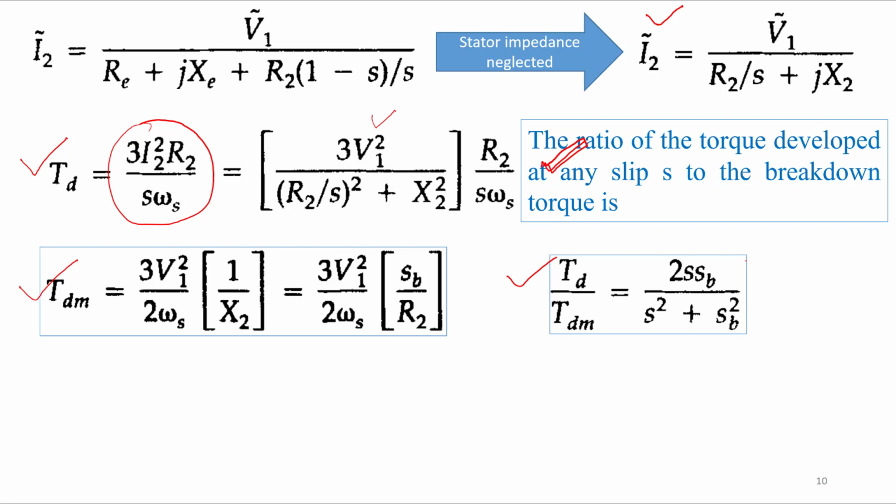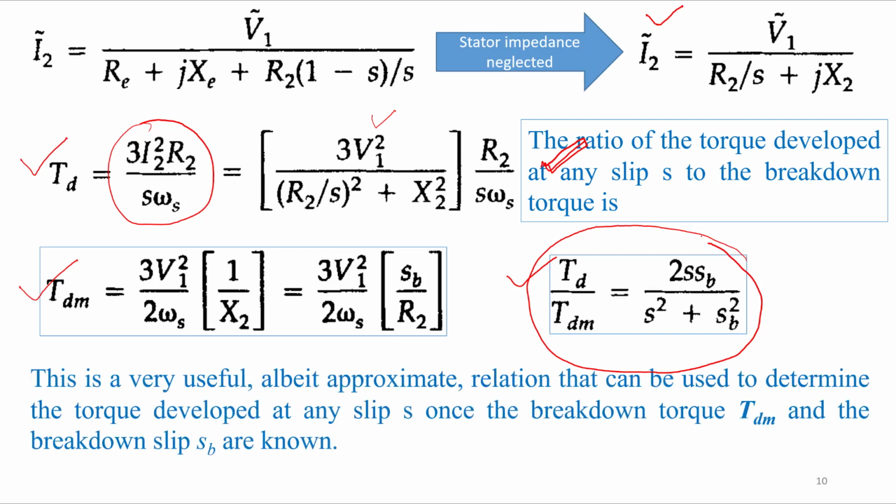In fact, in your laboratory experiment, you need to use this expression to find the external resistance, and I will explain how it will be used. So this is very useful.